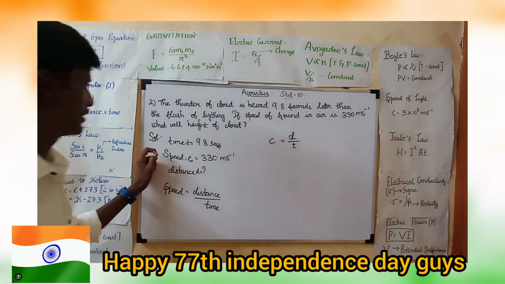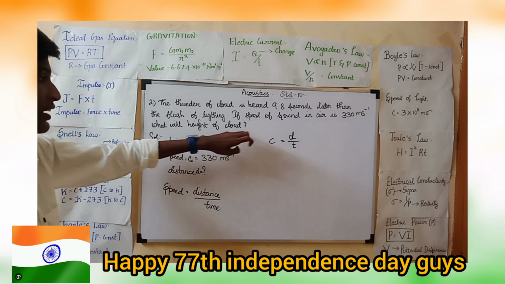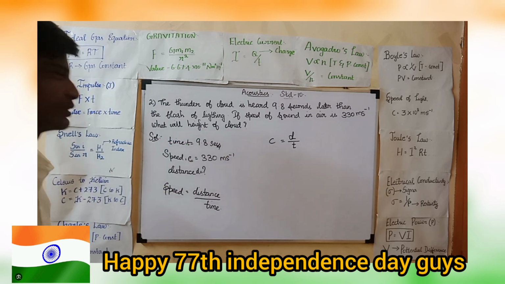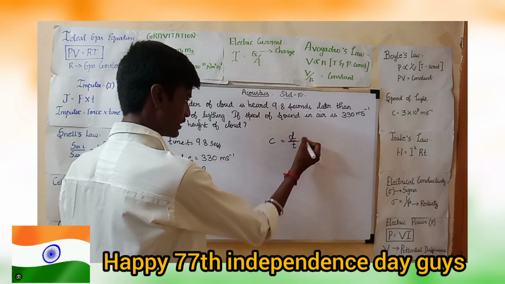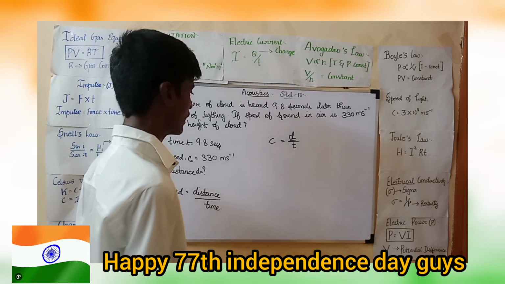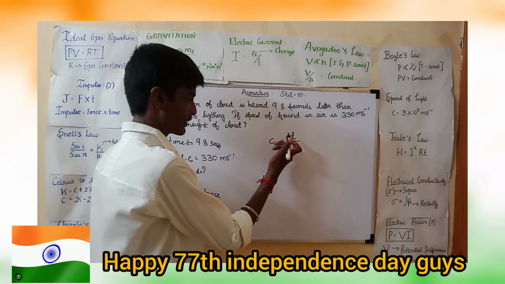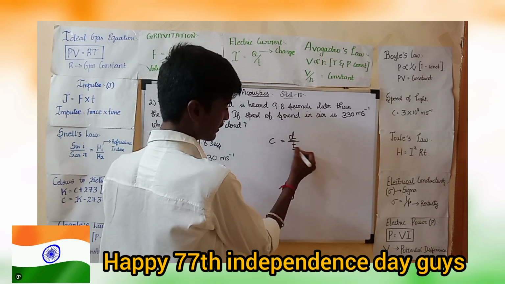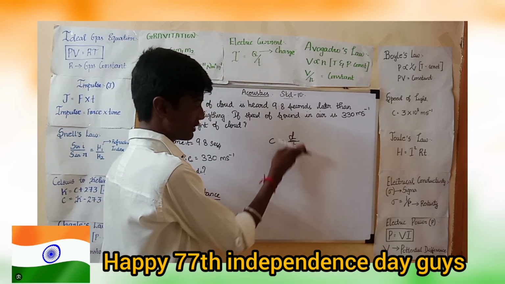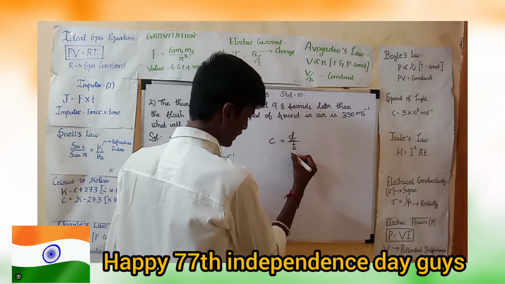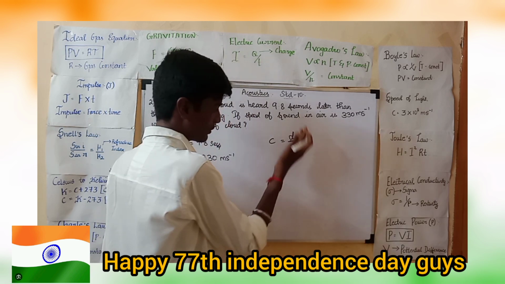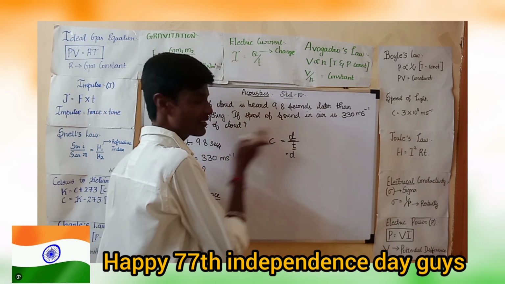In this we are going to find the height of the cloud, so we need the distance only. Here t is dividing the distance, so place the d on one side and take the time to the other side.